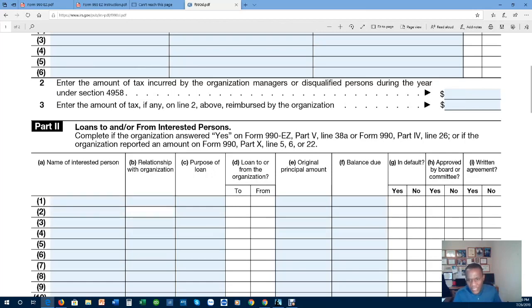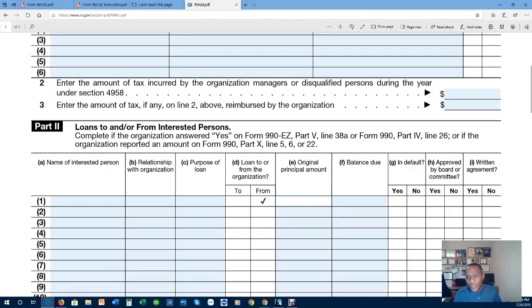The relationship with the organization must be entered in column B. The purpose of the loan must be entered in column C. And for loan to or from the organization, you will indicate whether it is to the organization or from the organization to the interested person.